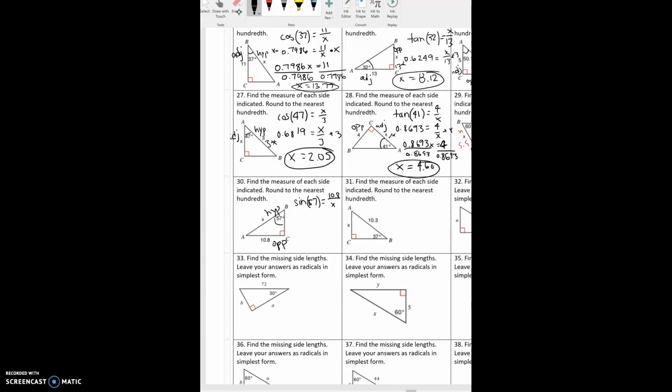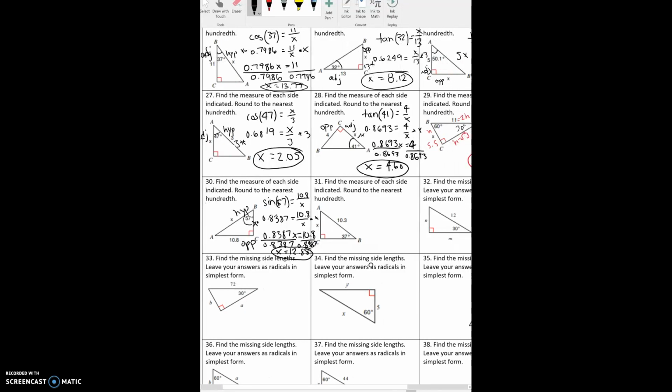The sine of 57 is approximately 0.8387. You must multiply both sides by x. 0.8387x equals 10.8. Divide both sides. And x is approximately 12.88.